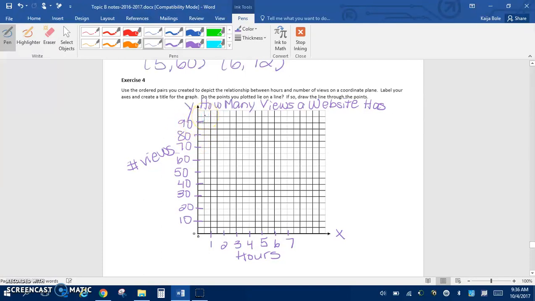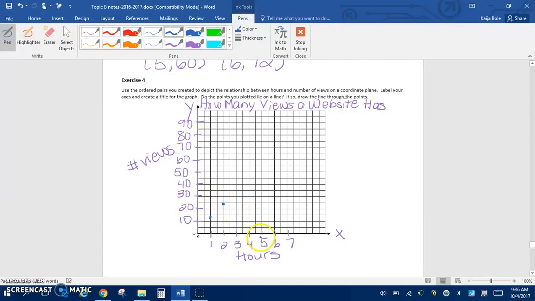Okay, so now we need to plot our points. So first we have (1, 12), so we go over to 1, up to 12, which will be somewhere above 10. I'm doing them in a different color actually. So we've got (1, 12), and then we've got (2, 24), so 2 and then up to 24.